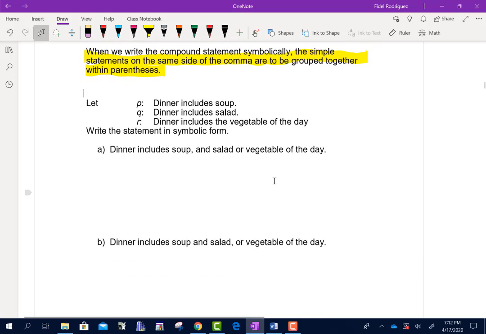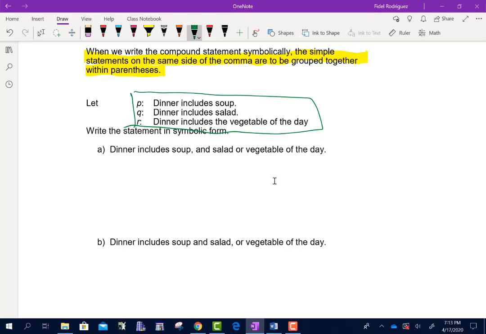Let's go through this problem here and see if we can figure it out. All right, P is the statement, dinner includes soup. Q is the statement, dinner includes salad. R is the statement, dinner includes the vegetable of the day. It's asking me to write the statement in symbolic form.